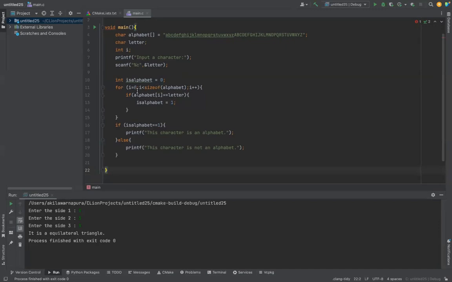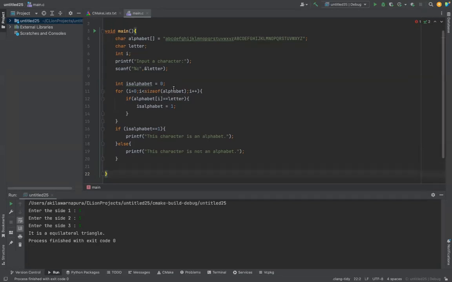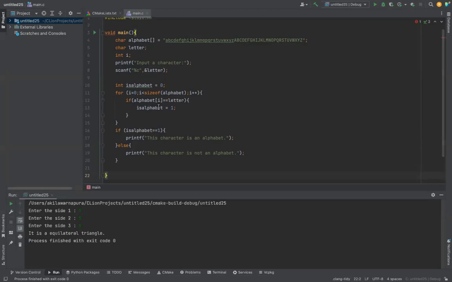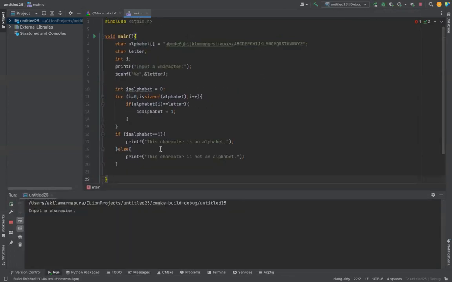So here you are using a loop for i equals 0, i less than size of alphabet, i plus plus. If alphabet i equals letter, is alphabet 1. Seems your answer is also correct. Input character A, the character is an alphabet. W, the character is an alphabet. 5, the character is not an alphabet.